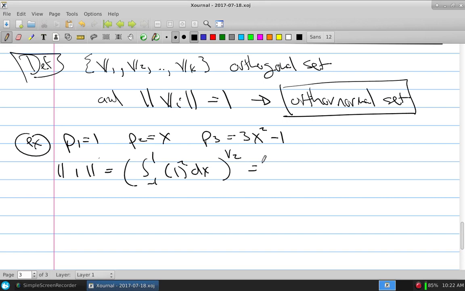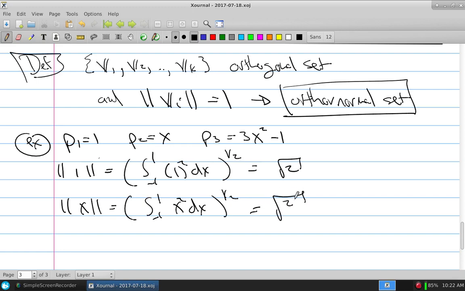Integral from negative 1 to 1, that's a rectangle of area 2, so that's just radical 2. What's the length of x? That's the integral from negative 1 to 1 of x squared dx to the 1/2 power. What's the integral of x squared? 1/3 x cubed. Plug in a 1, I get a third. Plug in a negative 1, I get a negative third. 1/3 minus a negative third is 2/3, so radical 2/3.